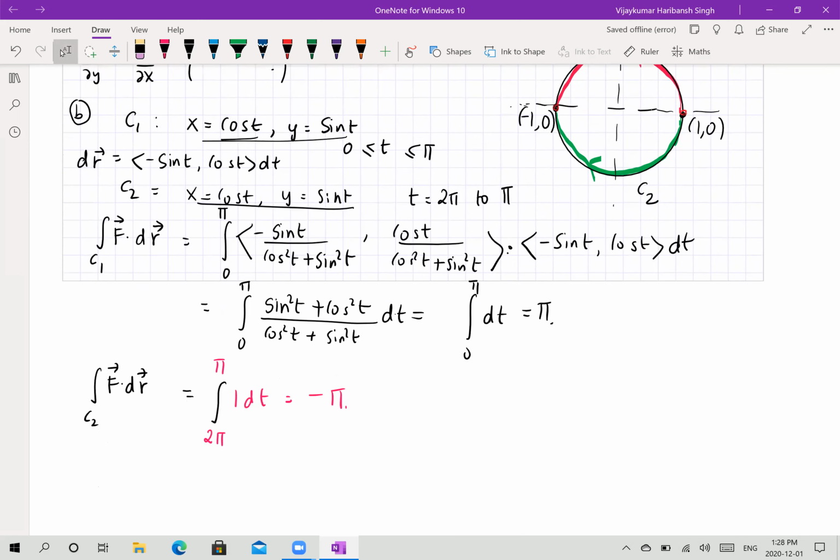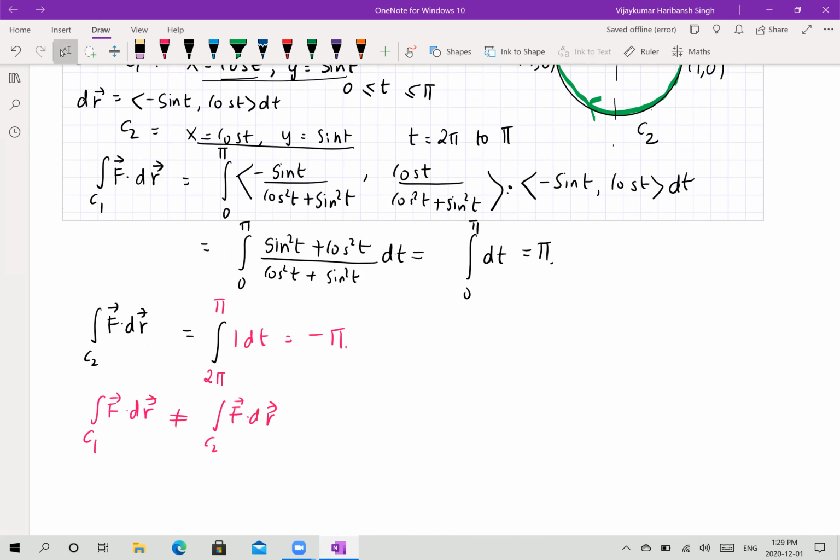So you can see that these two integrals are not equal. So we know that the integral along C1 of F dot dr is not equal to the integral along C2 of F dot dr, even though they're joining the same points. Therefore, the integral is not independent of the path.